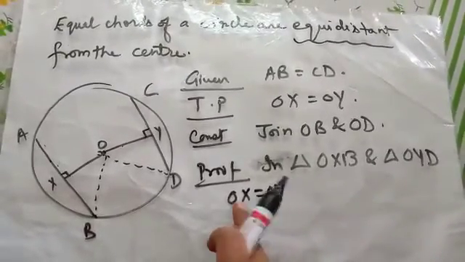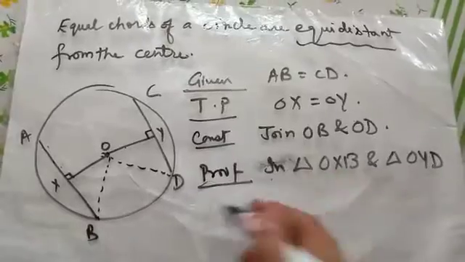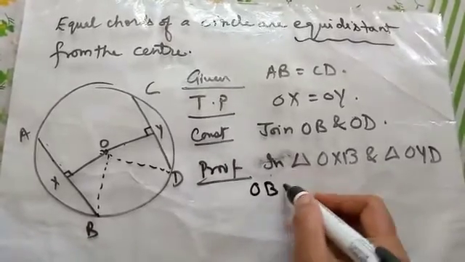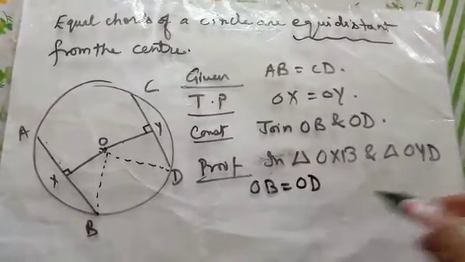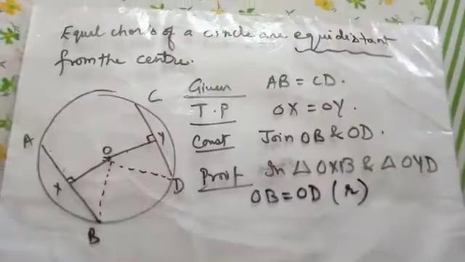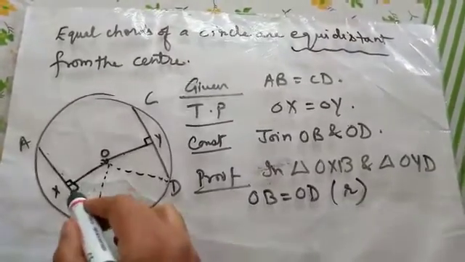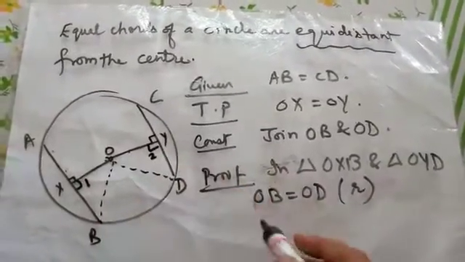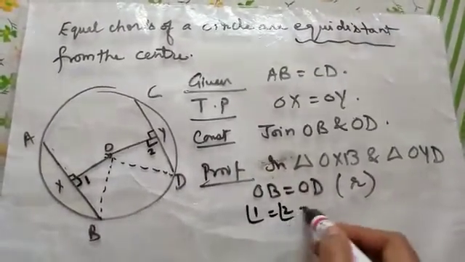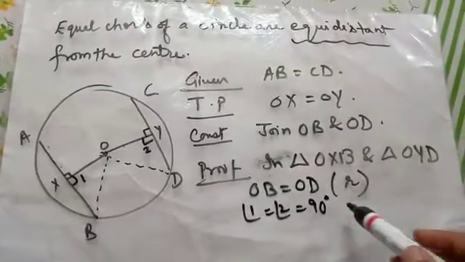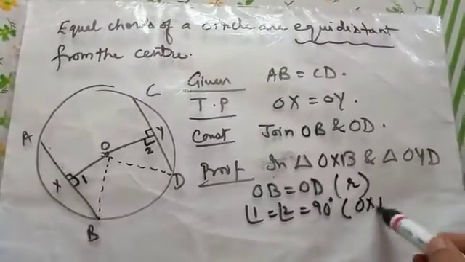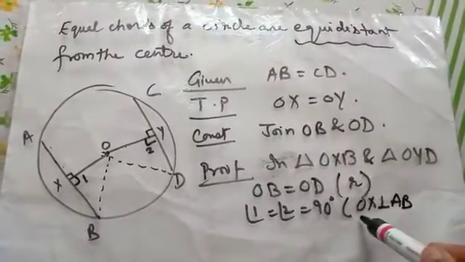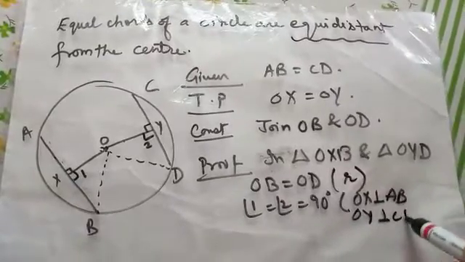This is what we are supposed to prove, so we'll just write down... I just wrote it by mistake. OB is equal to OD. It is radii of the same circle. Then angle 1 is equal to angle 2, 90 degree, because OX is perpendicular to AB and OY is perpendicular to CD.